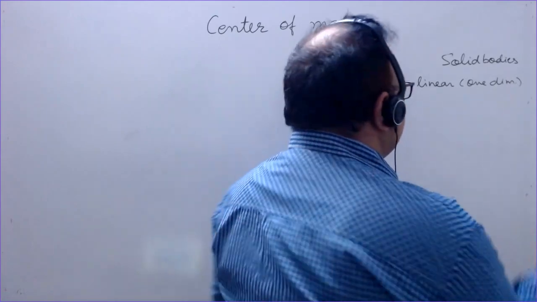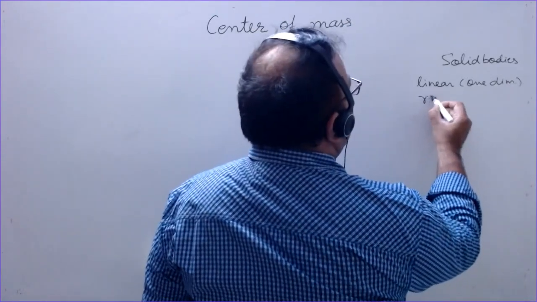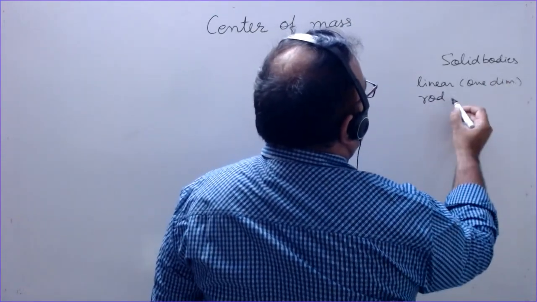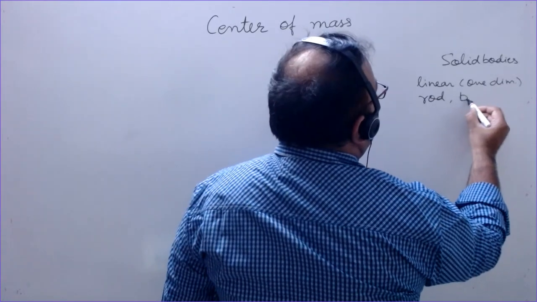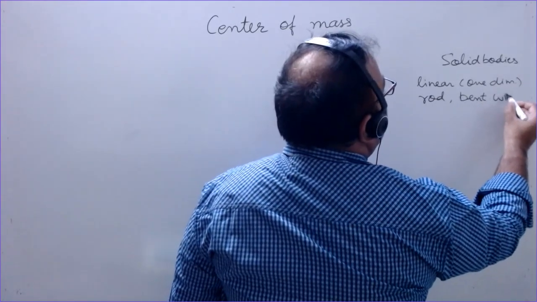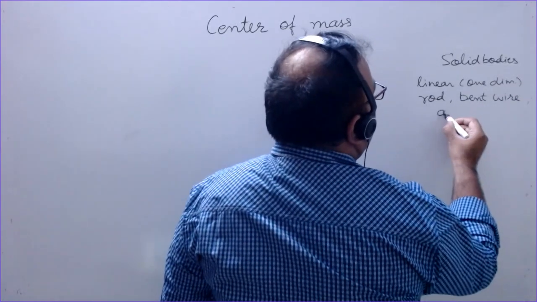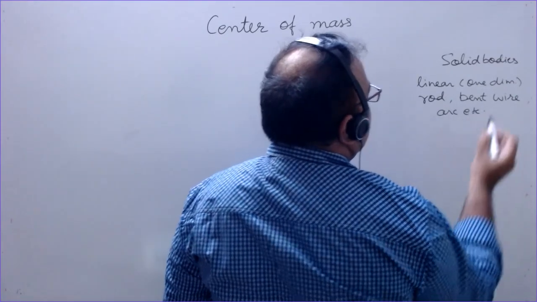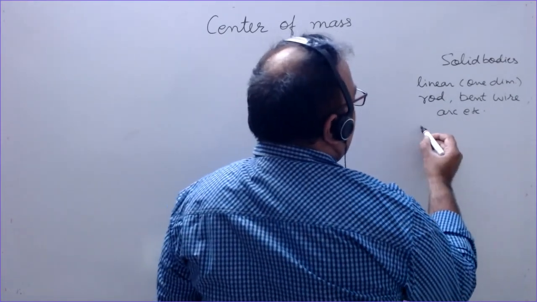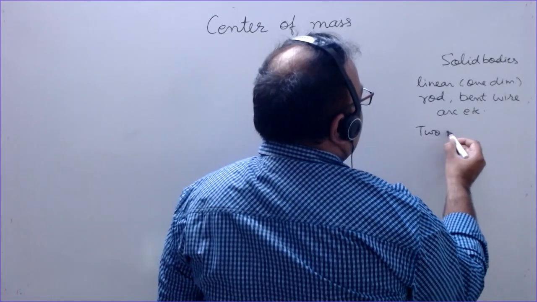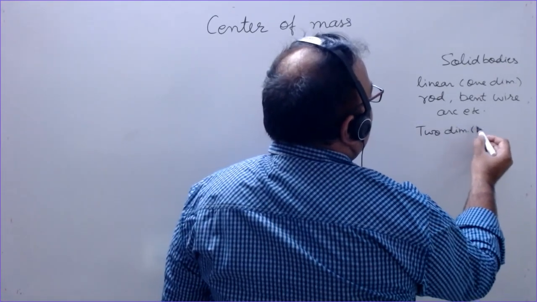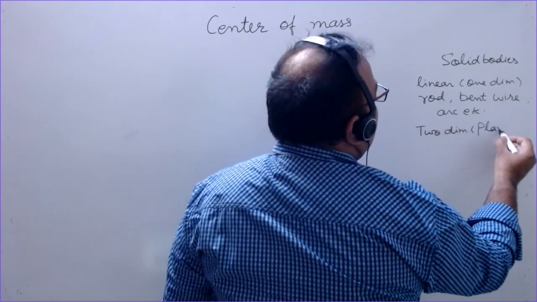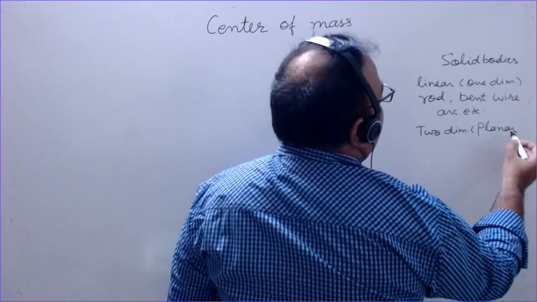Then we have a wire bent in a semicircle, 1/4 of a circle, or in the form of an arc. Rod or bent wire, arc, etc. Then we will find this for two-dimensional bodies, which are also known as planar bodies.